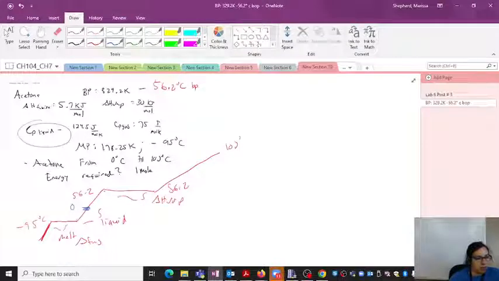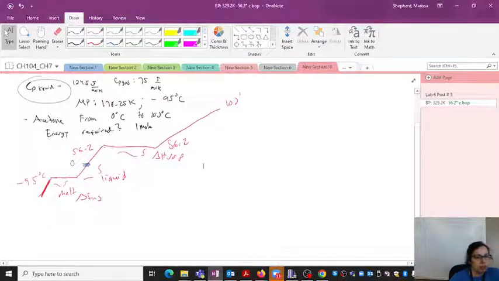So what should be the first thing that I'm calculating then? The amount of energy you need to go from liquid to the boiling point.